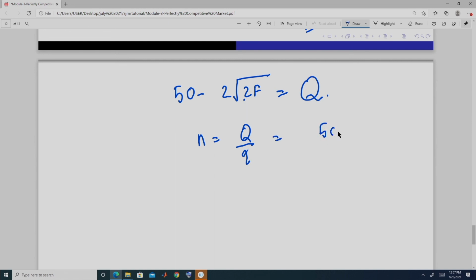So, this is 50 this. So, this is the number of firms. So, we take the closest integer of this and we get the number of firms which are going to be there in the market in the long run.